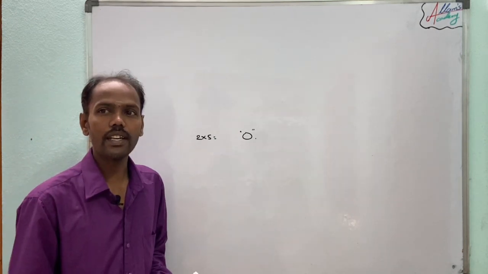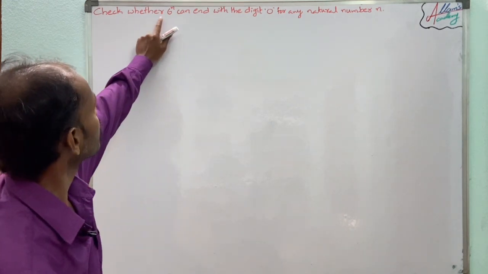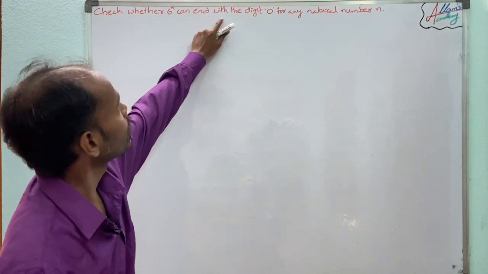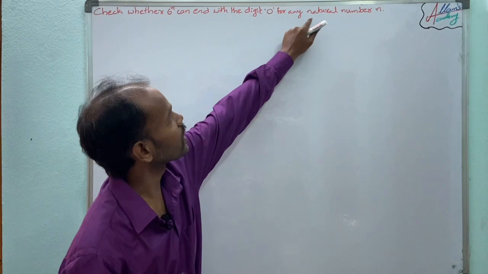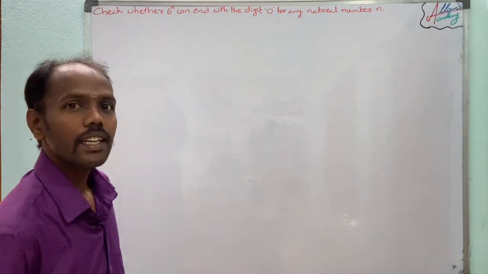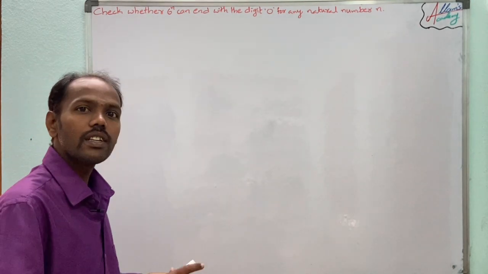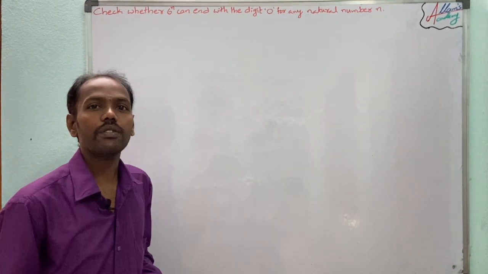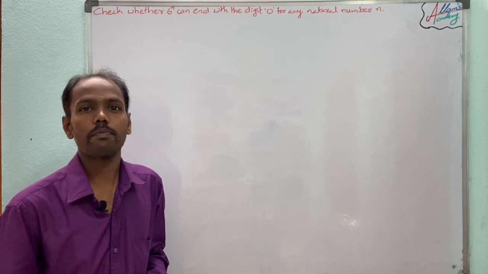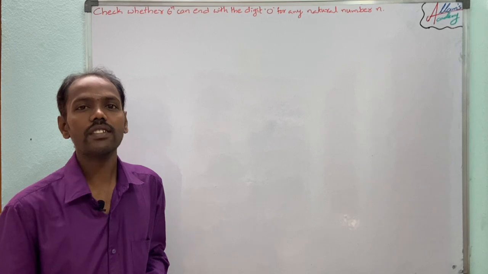Here is a problem: check whether 6 power n can end with the digit 0 for any natural number n. As we said, only if the prime factorization of a number has 2 and 5 as prime factors will it end with the digit 0.